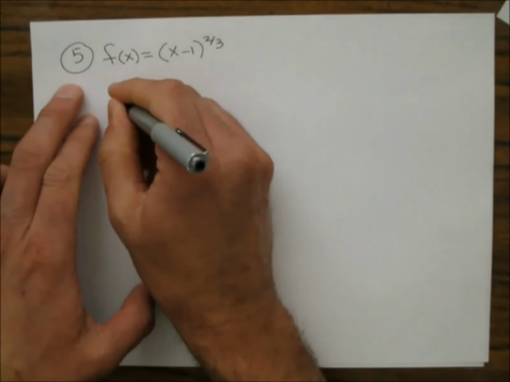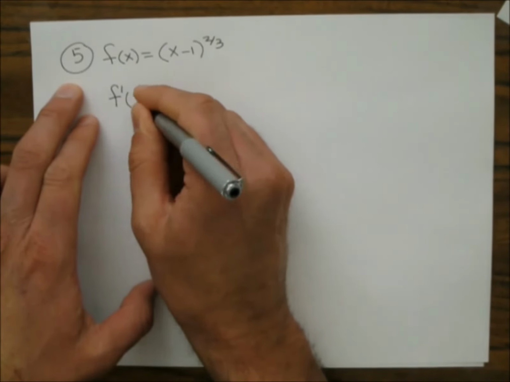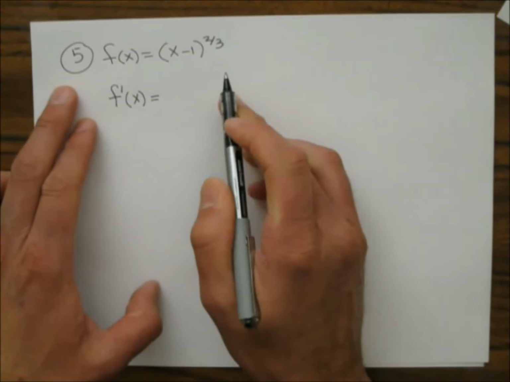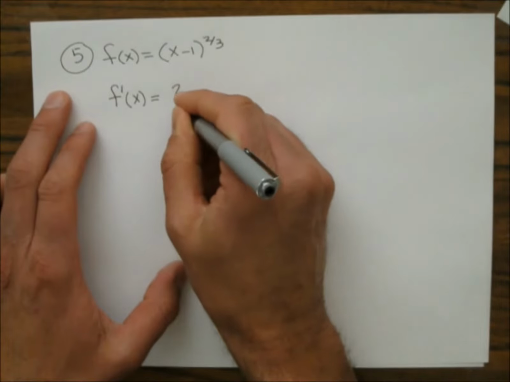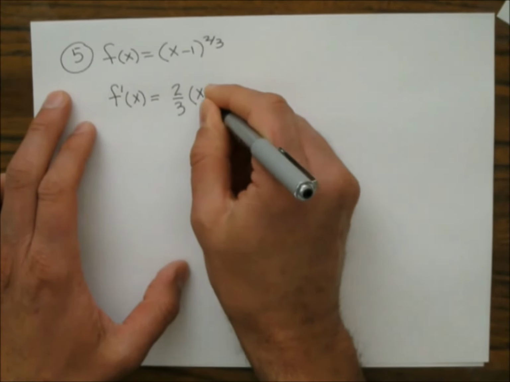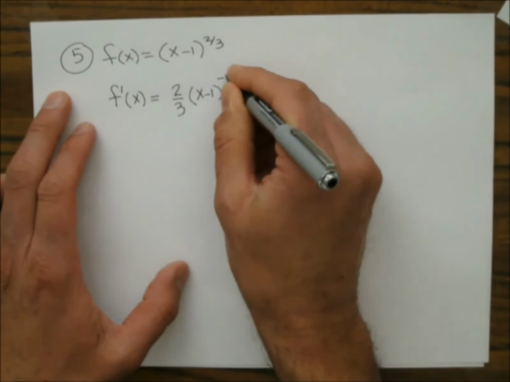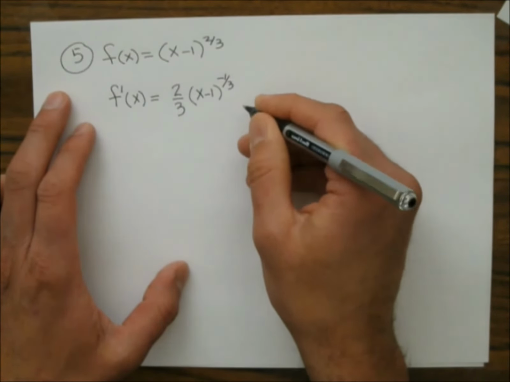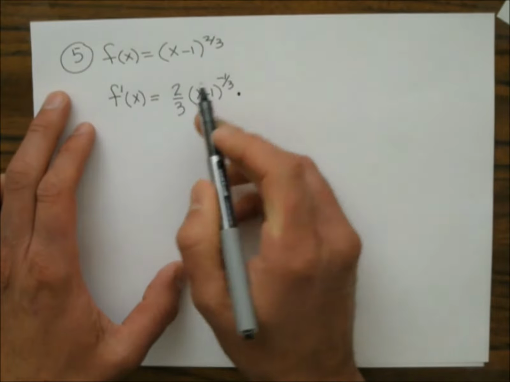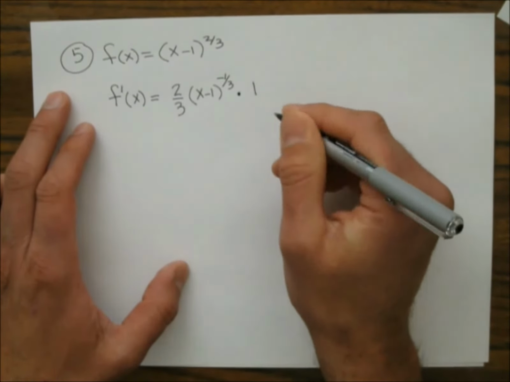Okay, here it goes. The derivative of our function is, I'm going to do the chain rule, 2/3 x minus 1, and then we go 2/3 minus 1 is -1/3. We're going to multiply that by the derivative of the inside, which is 1.